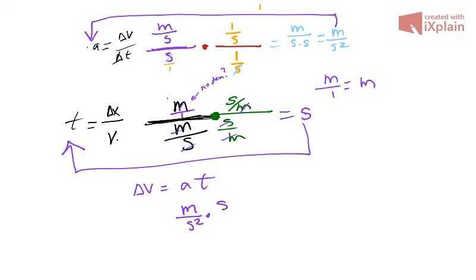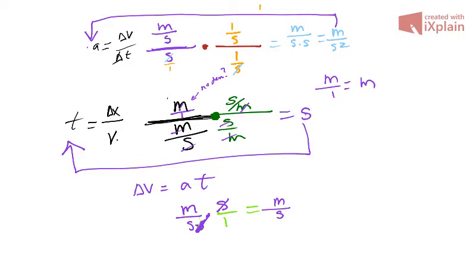Well, this seconds can be rewritten as seconds over 1, and then this one's a little more straightforward. Seconds squared is the same thing as seconds times seconds. So when I'm going through and doing this, I am canceling out only one of the seconds. And so my units that are left are meters per second.